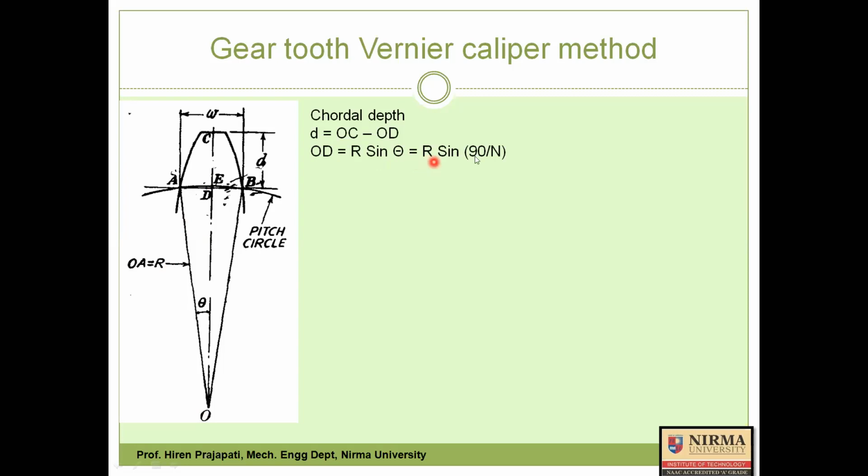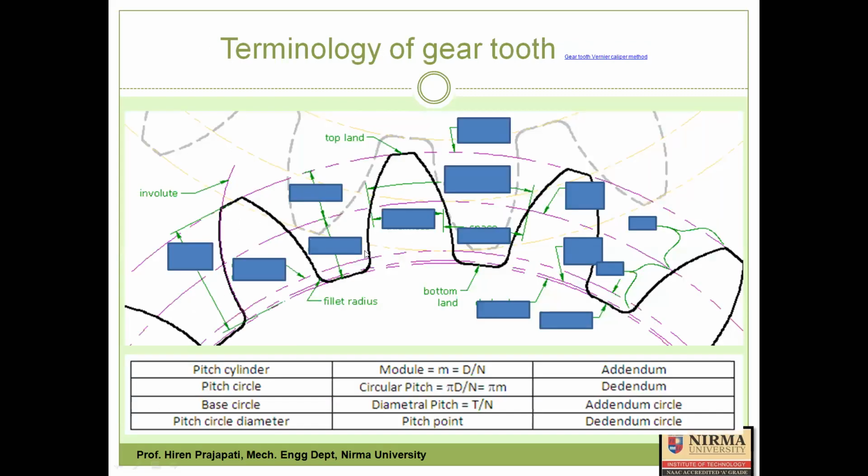Now theta is equal to 90 by N, where 90 degree divided by N. N stands for the number of teeth present on a particular gear. Now how this theta is equal to 90 by N, that we will try to understand. So just consider one gear wheel.